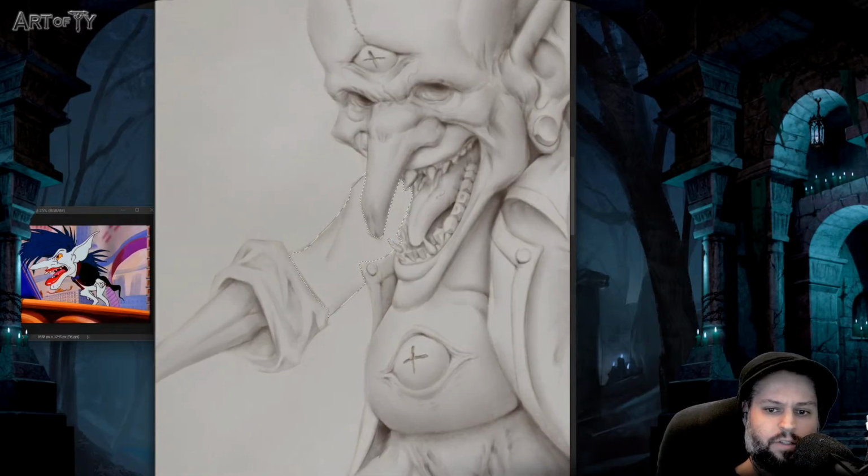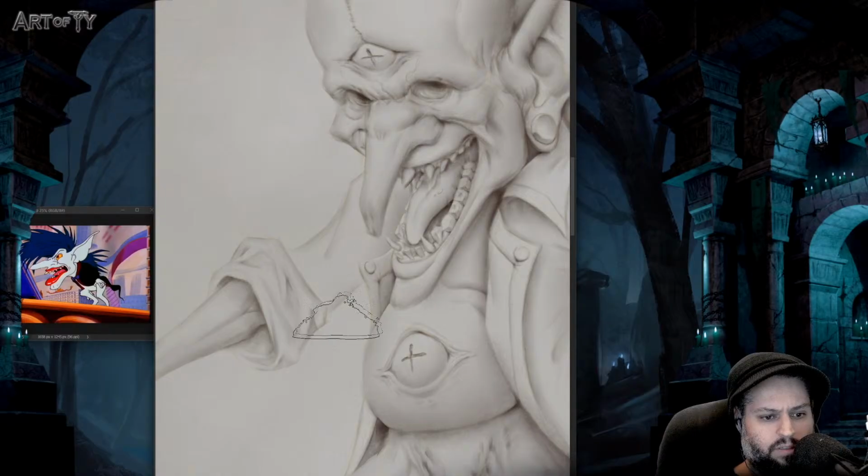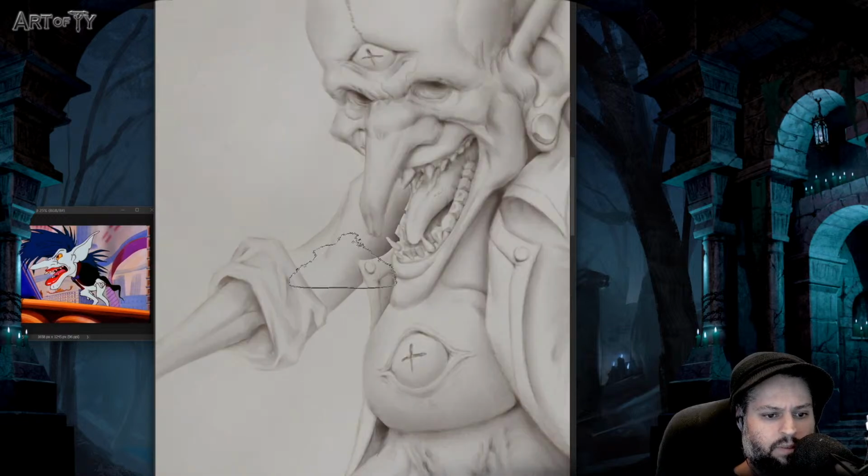I could fill this actually. Let's do a utility layer here, so now I can just click that whenever I need it. Yeah, let's do that. And now we can smoke in that big, juicy ambient shadow underneath that arm. Create a little fold variation.